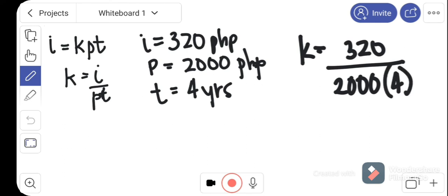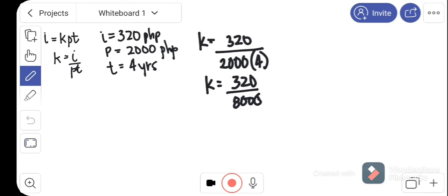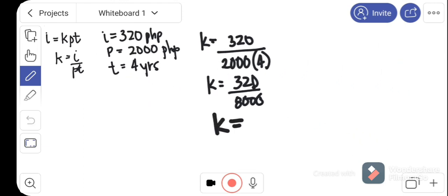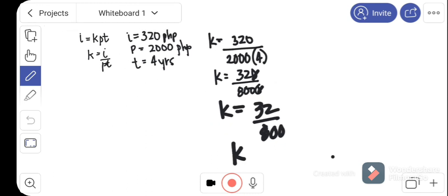And then simplify. So we have k is equal to 320 over 8,000. And then simplify more. So let's have k is equal to 32 over 800. Simplify 32 over 800. We have k is equal to 1 over 25.